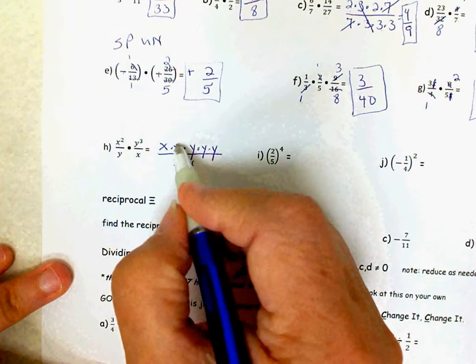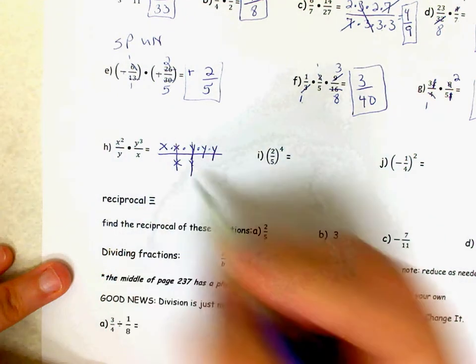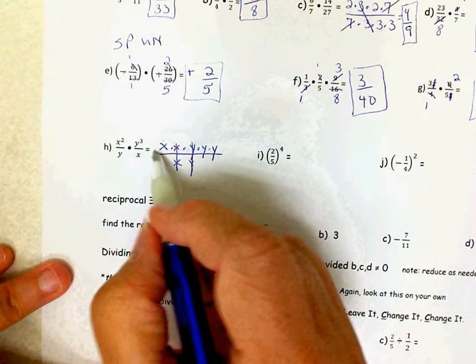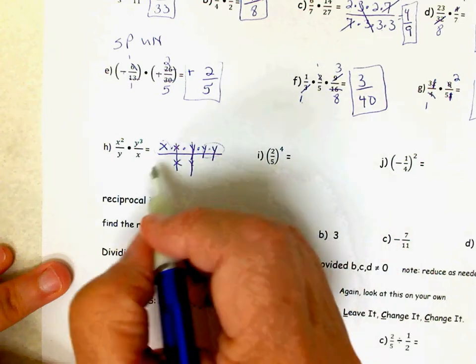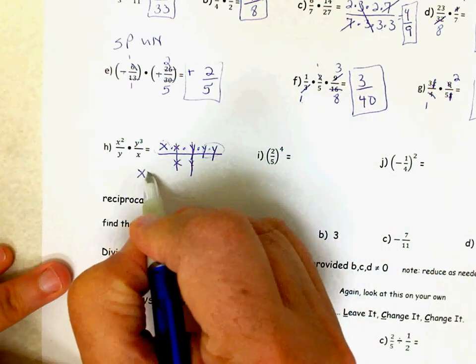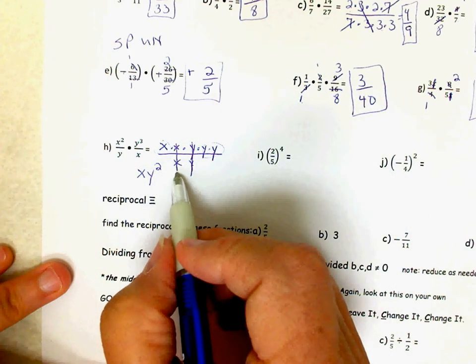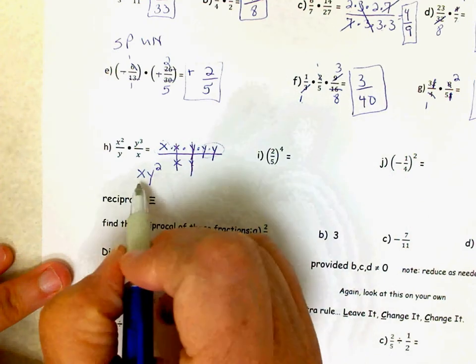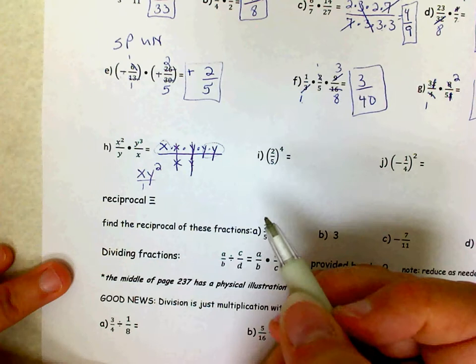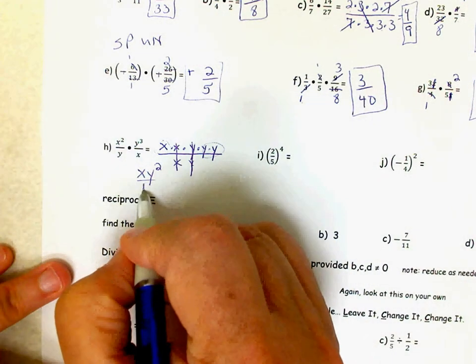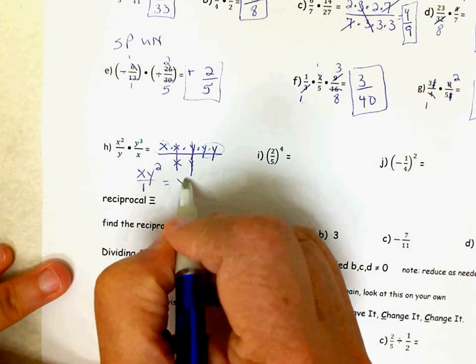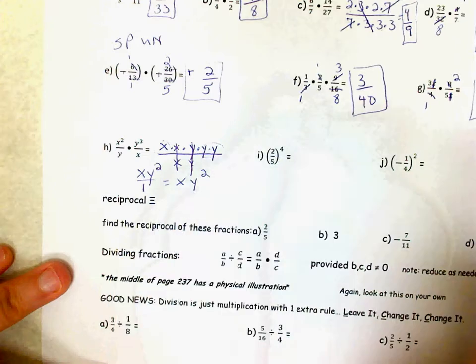X kills x, y kills y. We're left with 1x and 2 y's, so it becomes x and y squared. Now, in the denominator, we could say divided by 1, but when there's a 1 on the bottom, we know that we get a whole number.